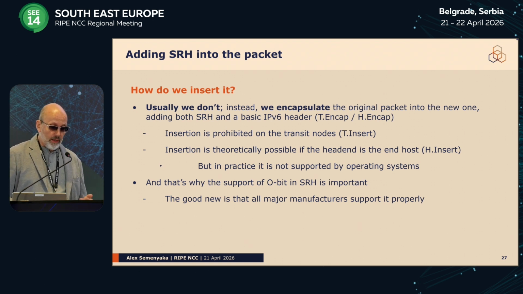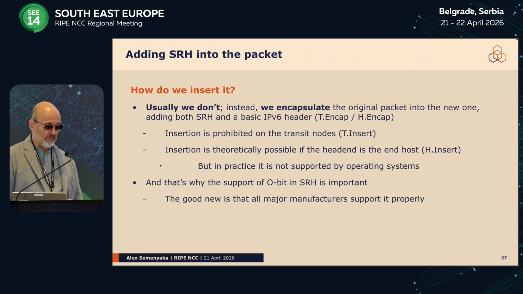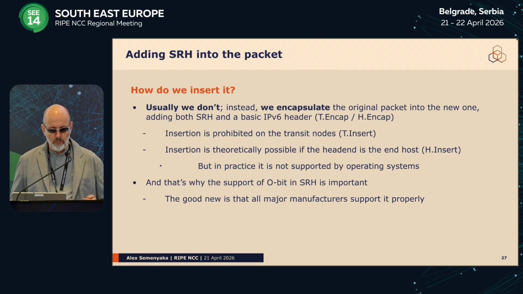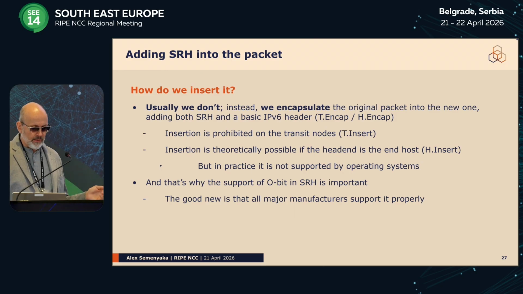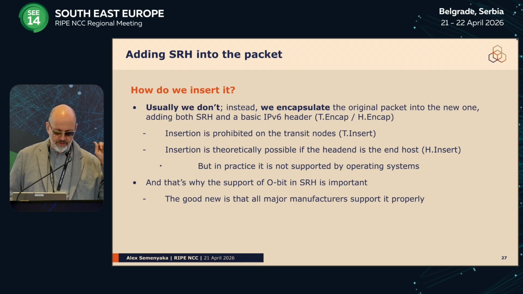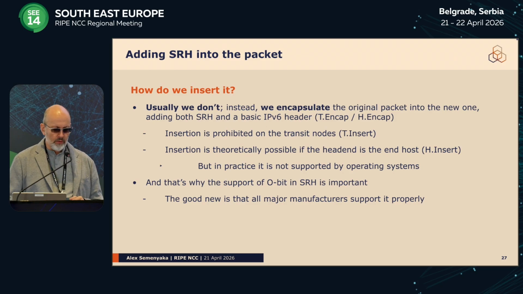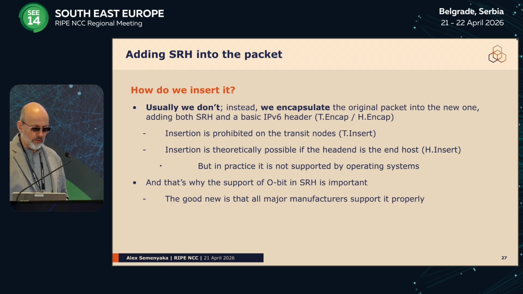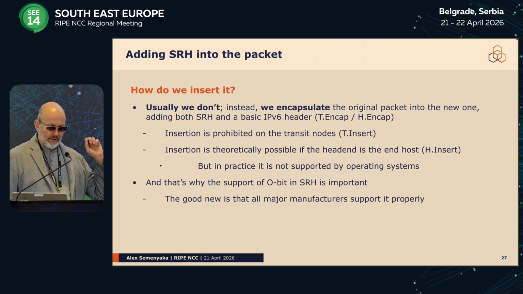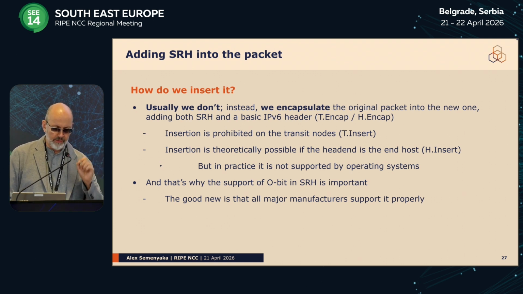Now, if we have this overlaying infrastructure, how can we track our packets? Because usually we are using ping, we are using traceroute. What do we have here? Inside the flags field, we have the so-called O bit, and that's the only bit we are using at the moment to signal the telemetry data.